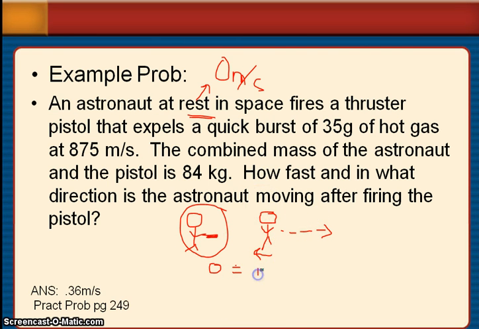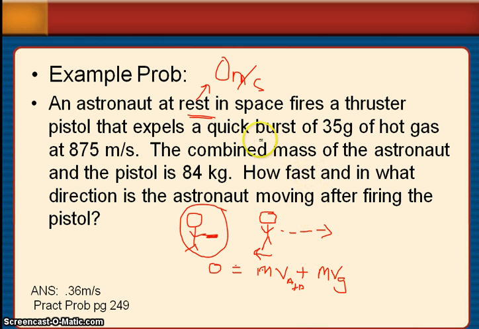So the mass and velocity of the astronaut, final, plus the mass and velocity of the gas have to equal 0. Astronaut and the pistol, because he's still going to be holding the pistol.